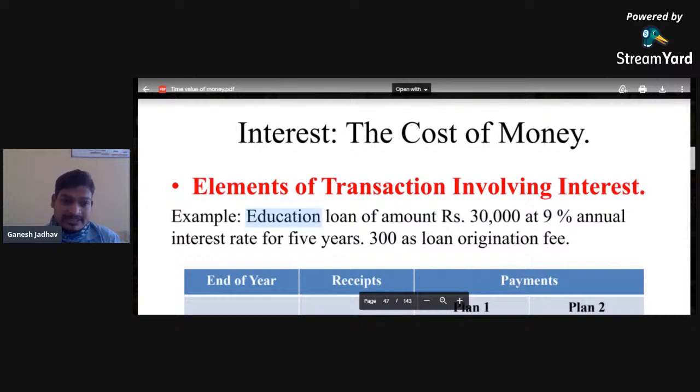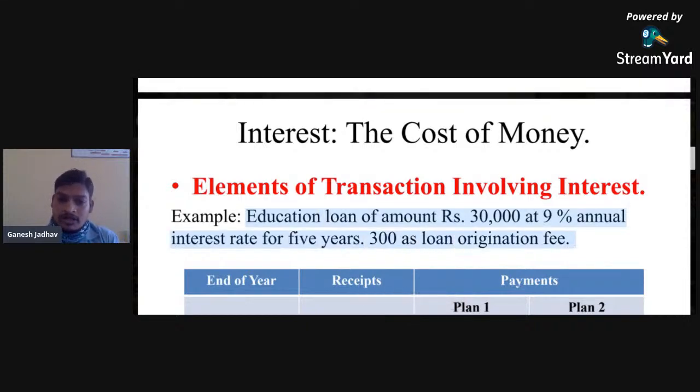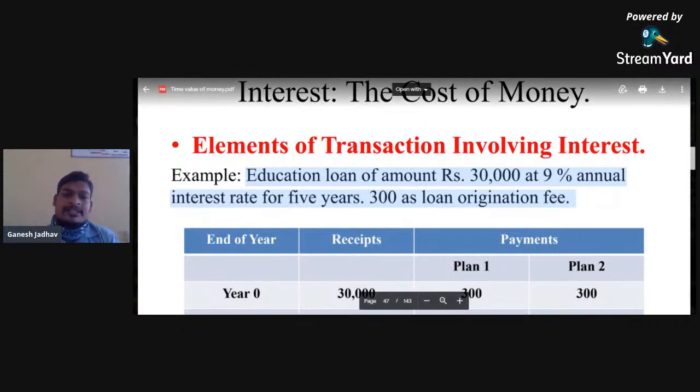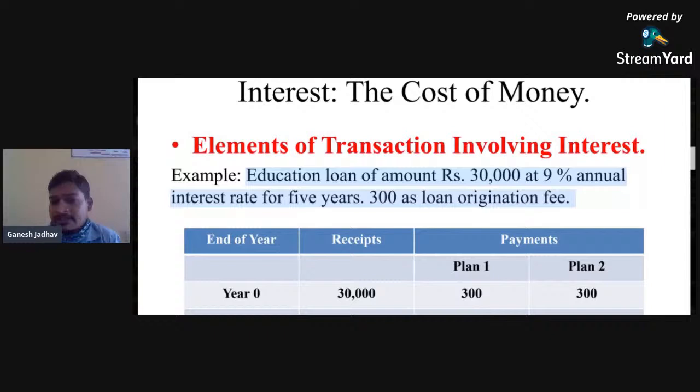So this is the example. Okay, this is the example of the loan. So for example, the educational loan of the amount of the 30,000 at the 9% annual interest rate for the 5 years. Okay, the 30,000 as loan, as these are the original fee.